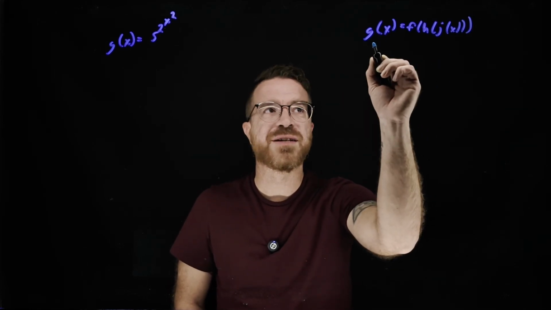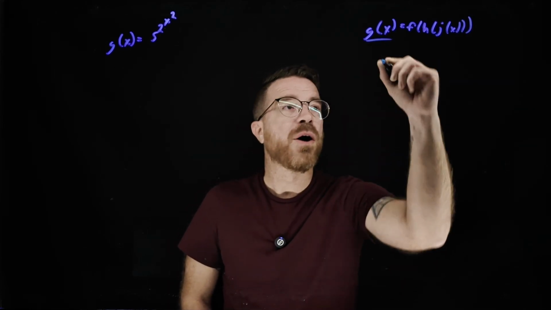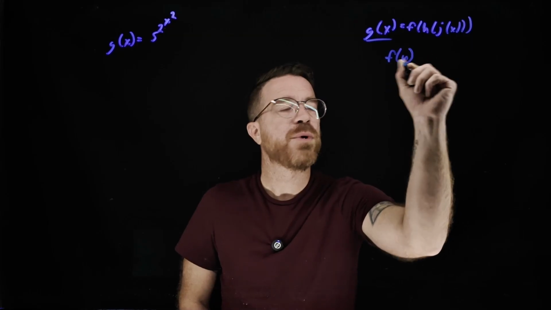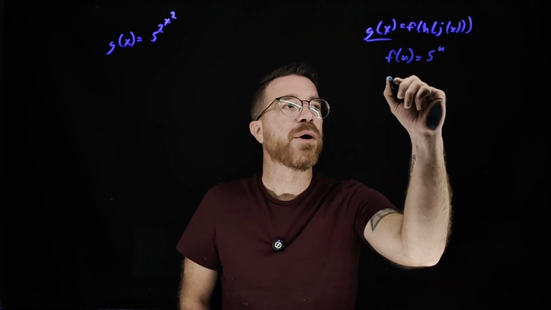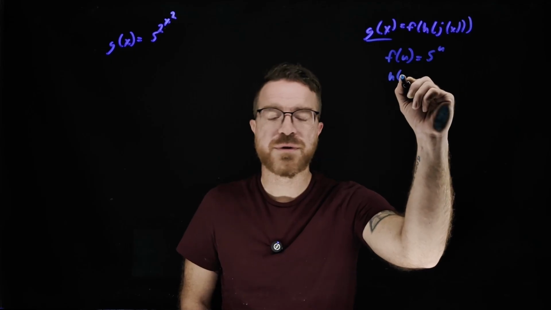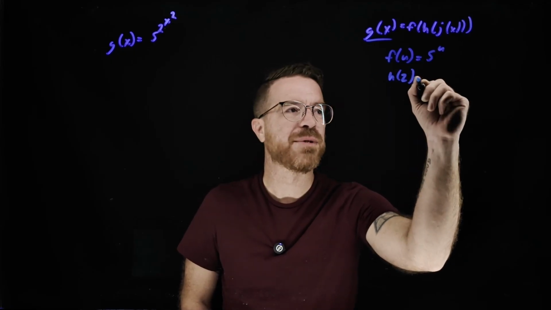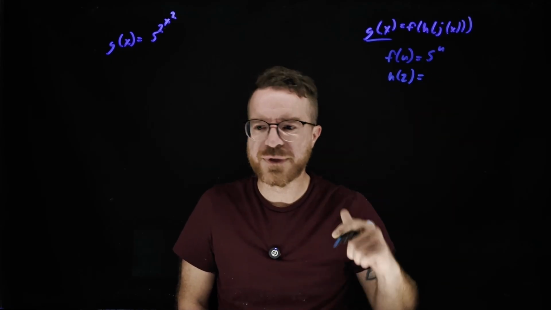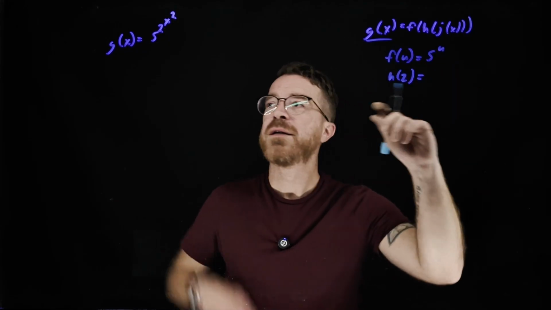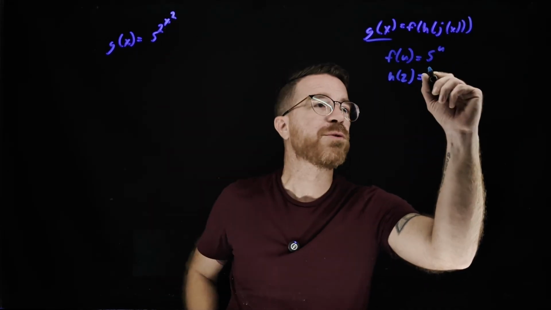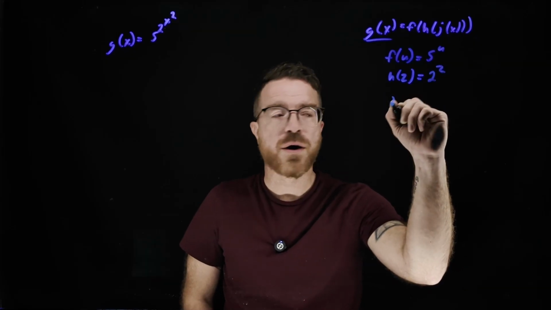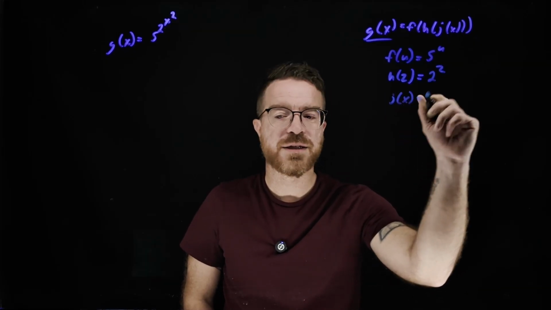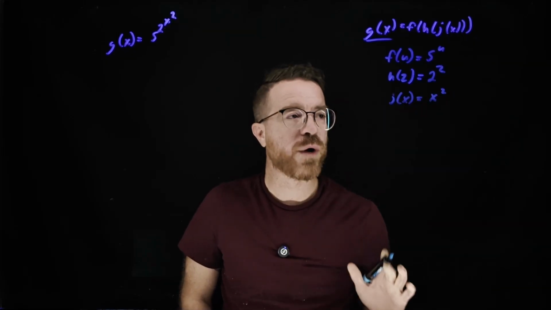We're just not using g because that's our original function. So our f of u is going to be 5 to the u. Our h of z is going to be 2 to the z. And then our j of x is going to be x squared.